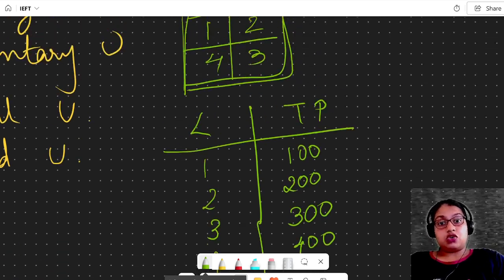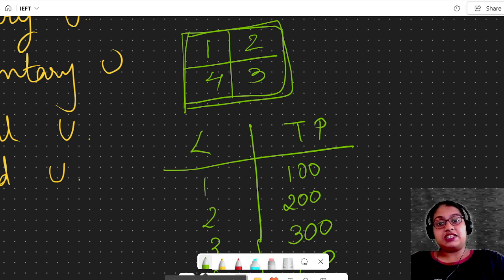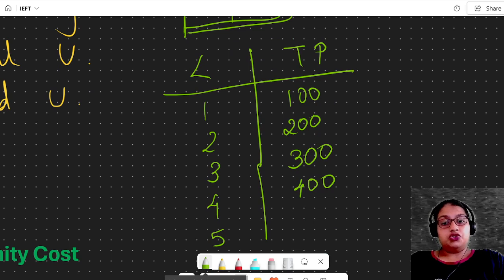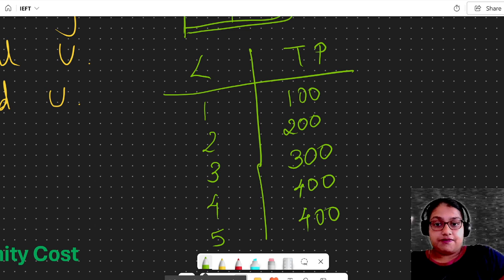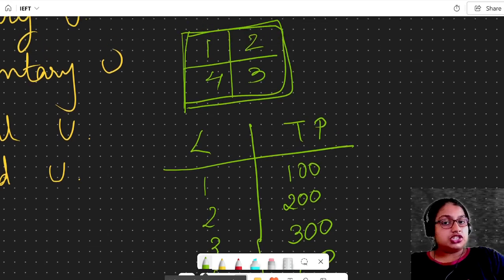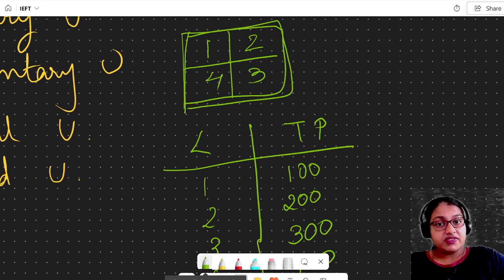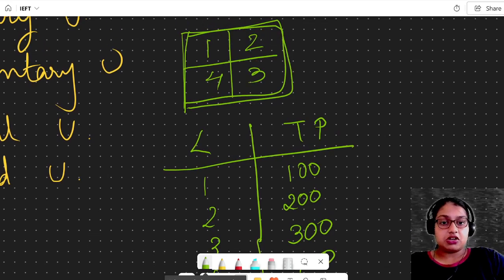See, the total productivity of this plot is only 400 units. No matter how many extra people I appoint, I won't be getting more than that. So the total production will remain the same. It will be 400. There will be no change. Visibly this fifth person is working, and he might also be working with his full potential, but it is not like that.